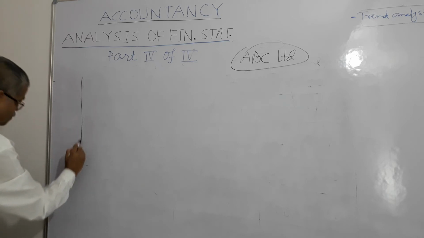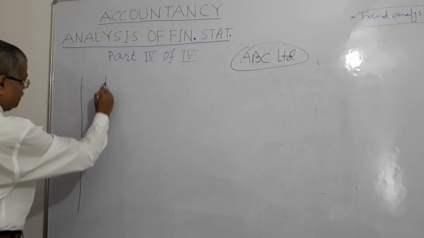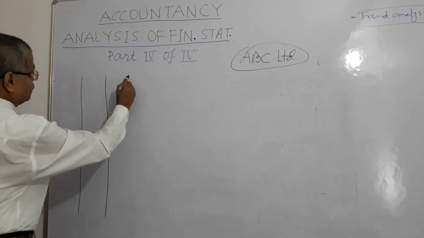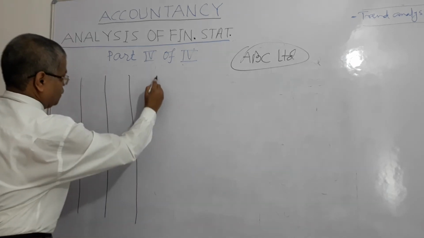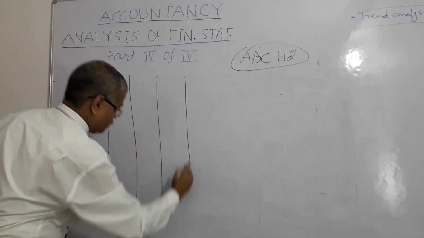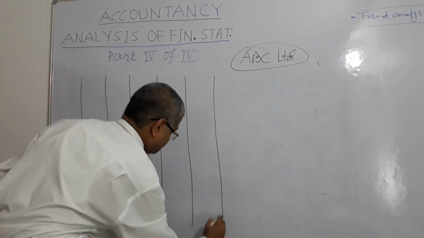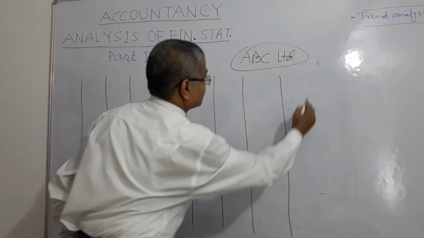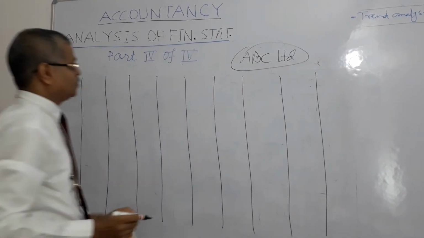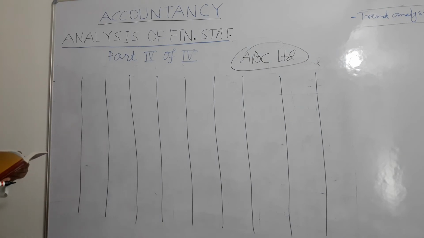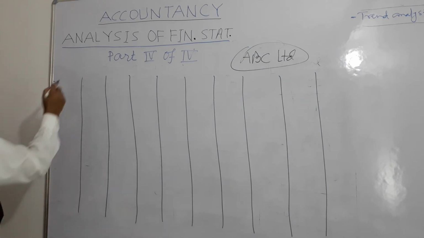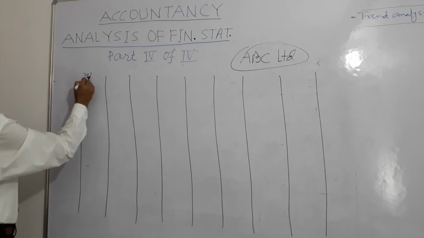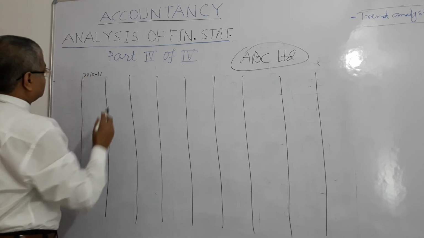So 1, 2, 3, 4, 5, 6, 7, 8, 9. Okay. So we go to the years 10, 11, 11, 12. 10, 11.